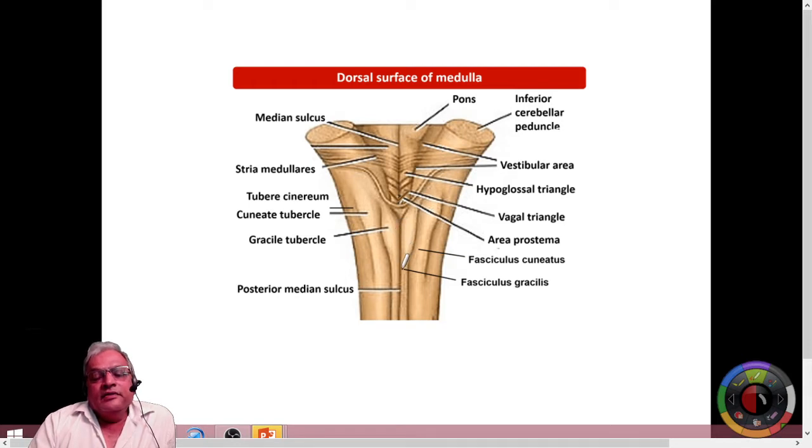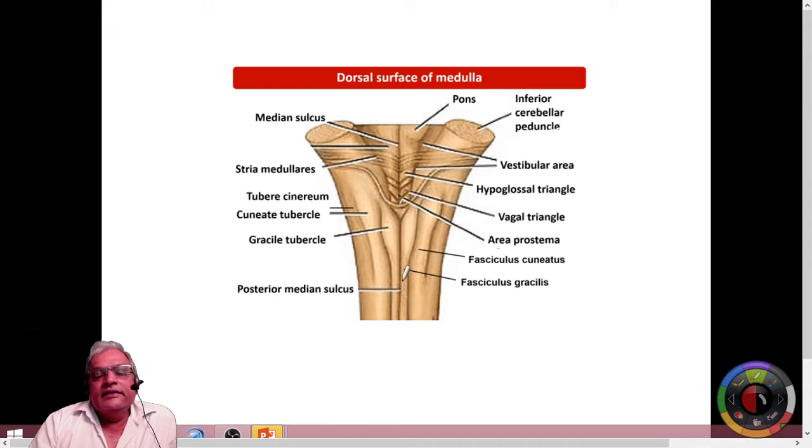And those fibers which pass through the posterior column do not decussate at the segmental level, whereas the lateral spinothalamic tract decussates at the same level and goes up slightly superiorly as it crosses over. But the posterior column does not cross.